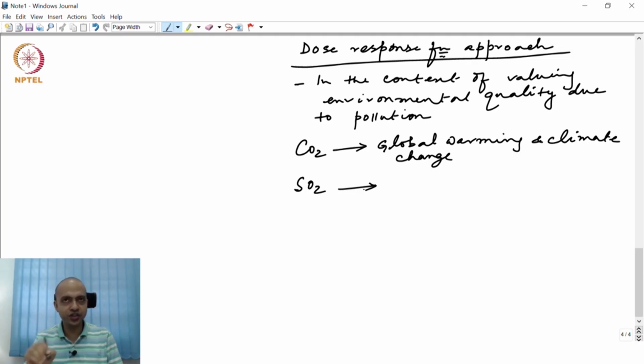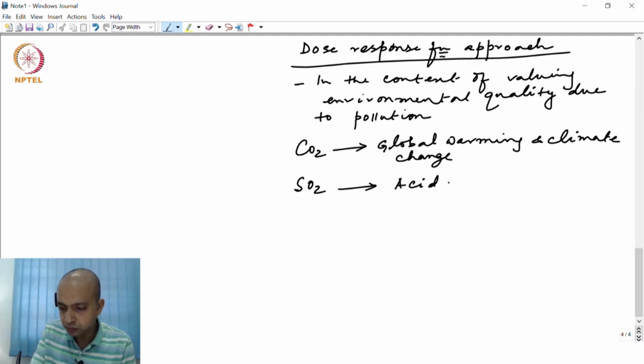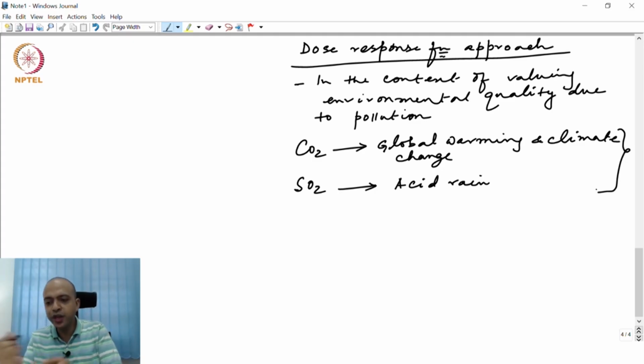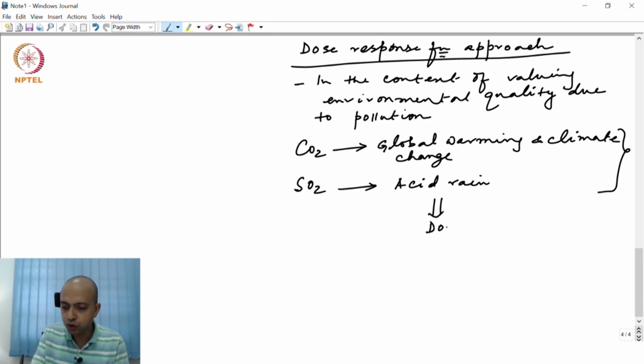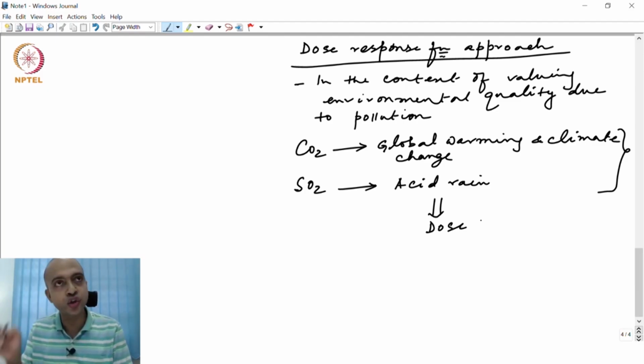It does not get restricted only to the country where it is produced, but also travels to other countries, and then it comes down as acid rain. So global warming and climate change related to CO2 emission, and acid rain related to SO2 emission, are called dose. And a physical response happens due to this dose. That is why this is called dose response.